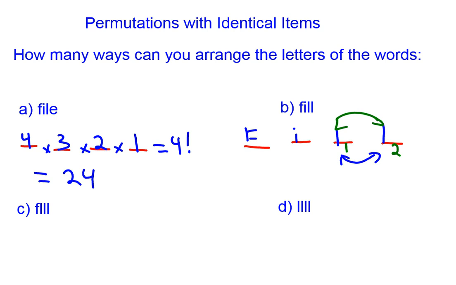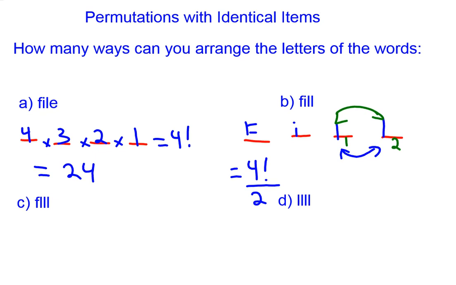We're looking at how many different arrangements there are of these L's, and we want to divide by that many because we've counted those as separate words. So in this case, we would have 4 factorial different ways, but then we have to divide by 2, because for every arrangement we've counted the word with the swapping of the L's twice.